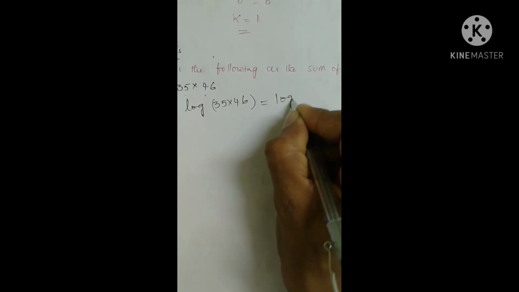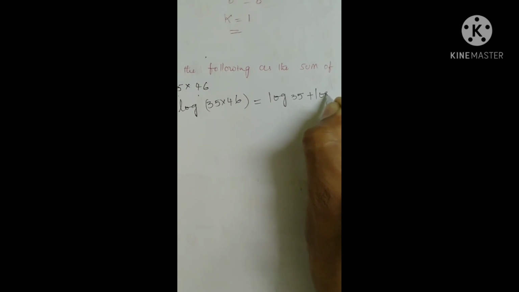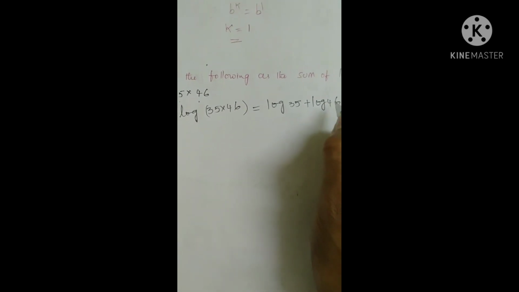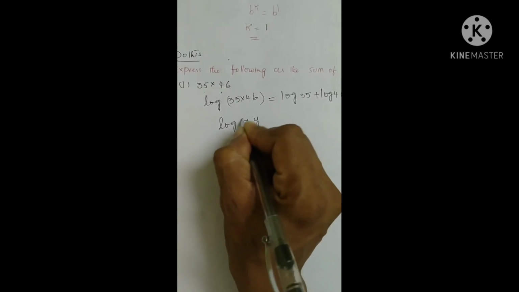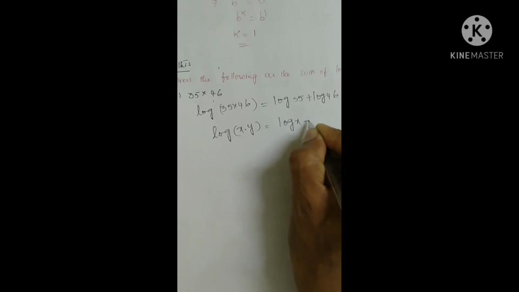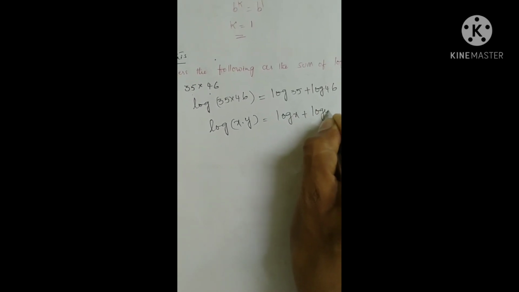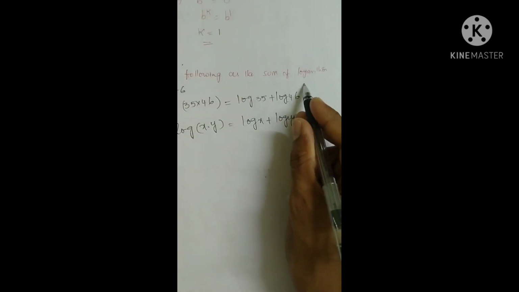So log 35 plus log 46. Log x into y is equals to log x plus log y. So this is the sum of logarithm.